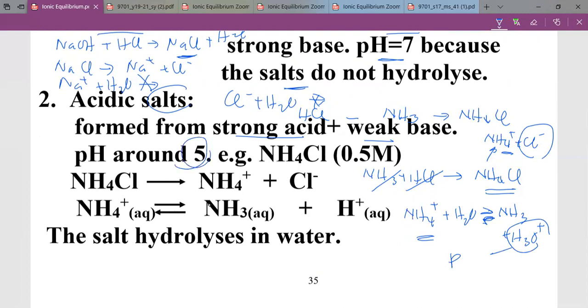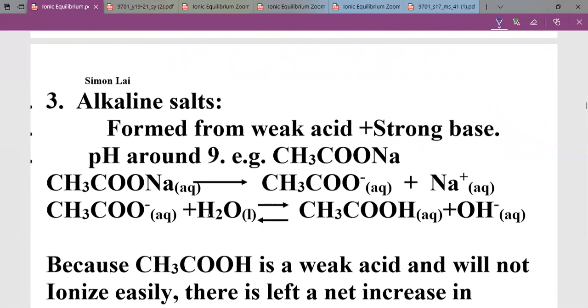Now, alkaline salts are formed from a weak acid, for example ethanoic acid plus sodium hydroxide. If you titrate this, you get sodium ethanoate plus water. At the end point, there is no acid left.